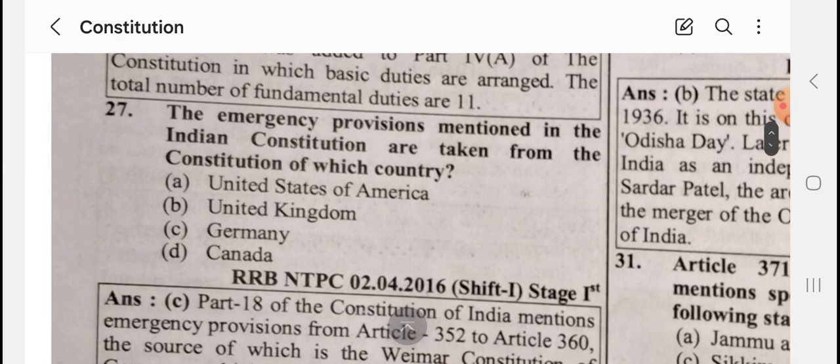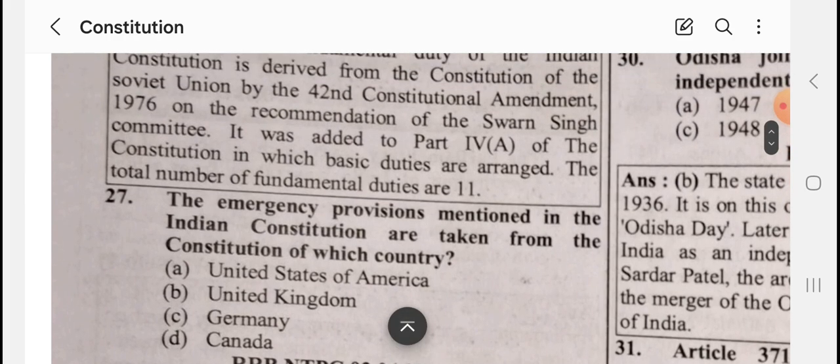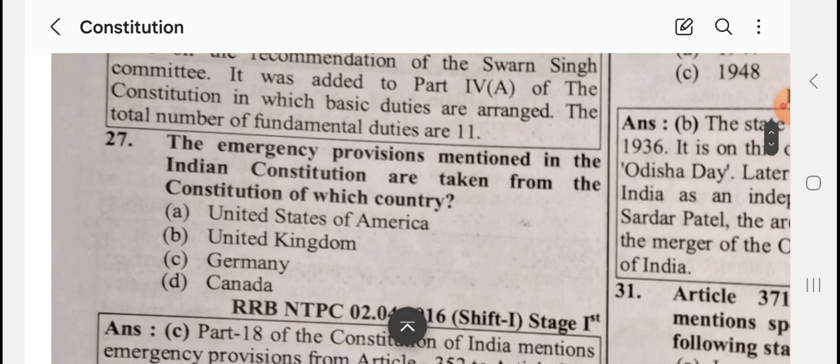Emergency provisions mentioned in the Indian Constitution are taken from the Constitution of which country? It's Germany.